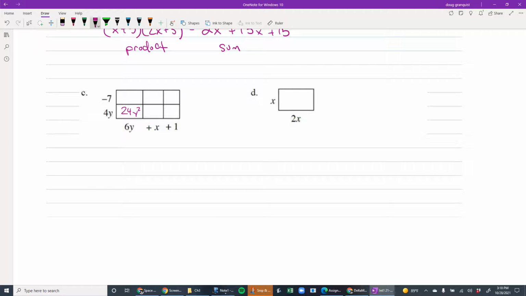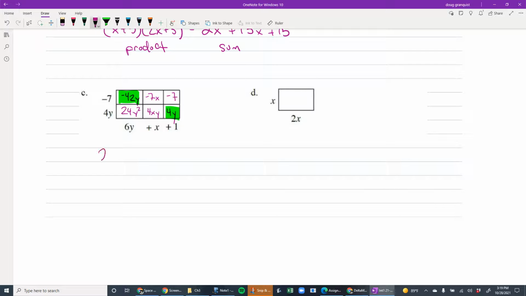24y squared. This is negative 42y. Right here, you get 4xy. It's the same thing as yx. And then you get negative 7x. Over here, you get 4y. And up top, you get negative 7. Now, looking at all of this, there are only two things that are the same, the y's. So I'm going to put those together.